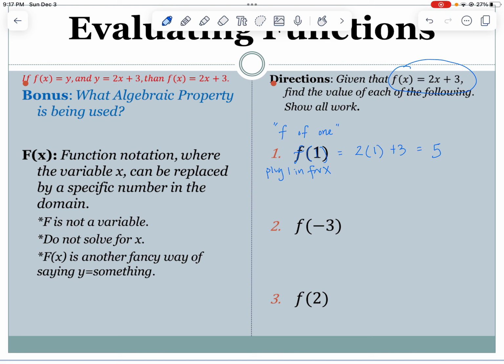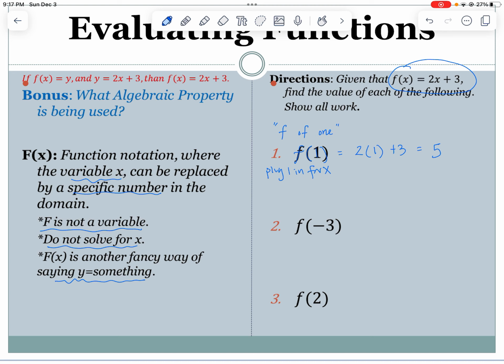So a couple of things to know here. This is function notation, as I said. The variable x is replaced with a specific number in the domain. F is not a variable, and we don't want to solve for x. F of x is just a fancy way of saying y equals something.